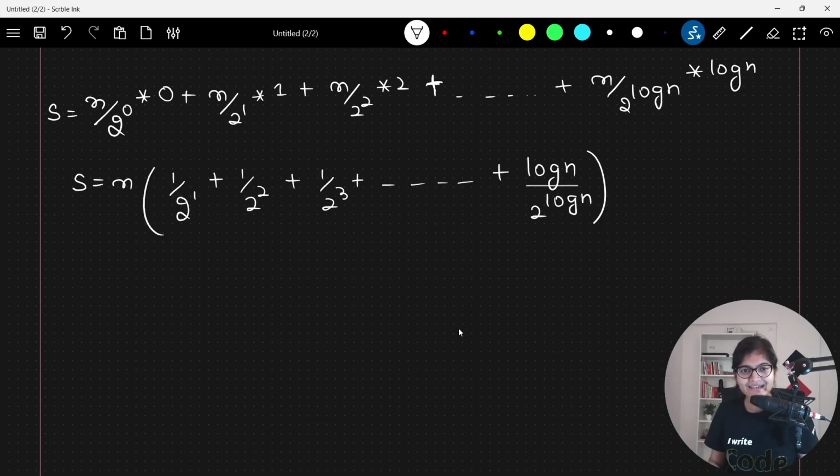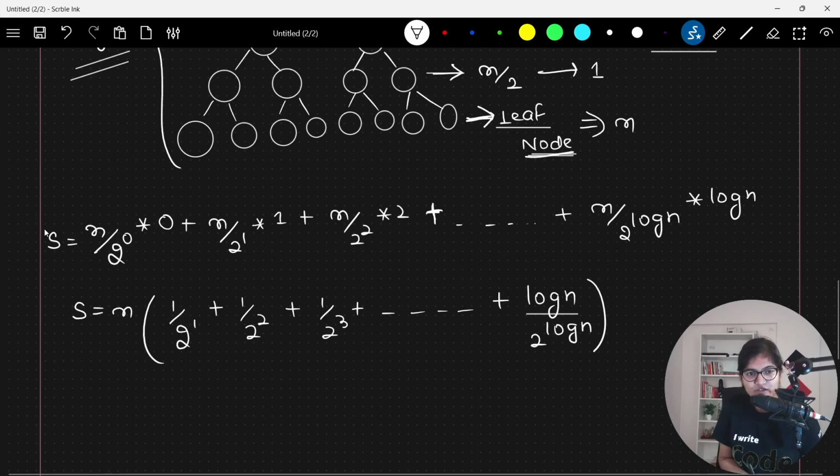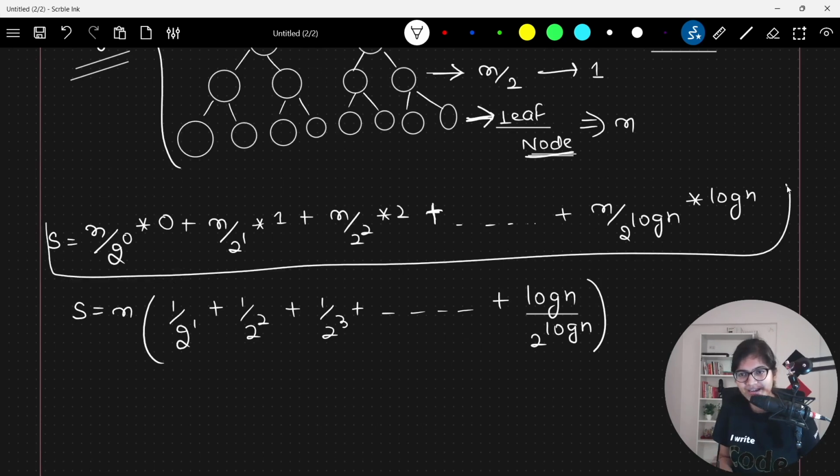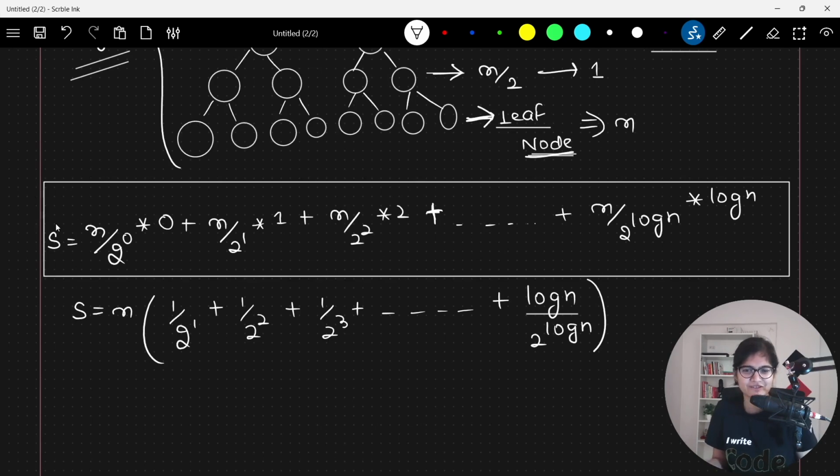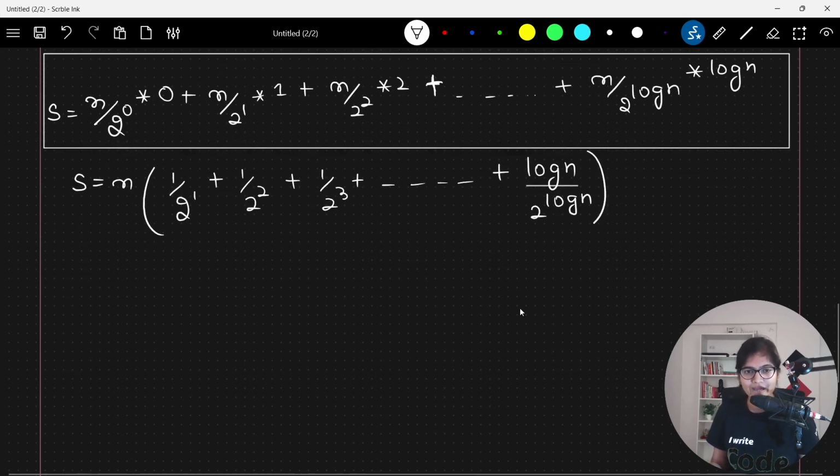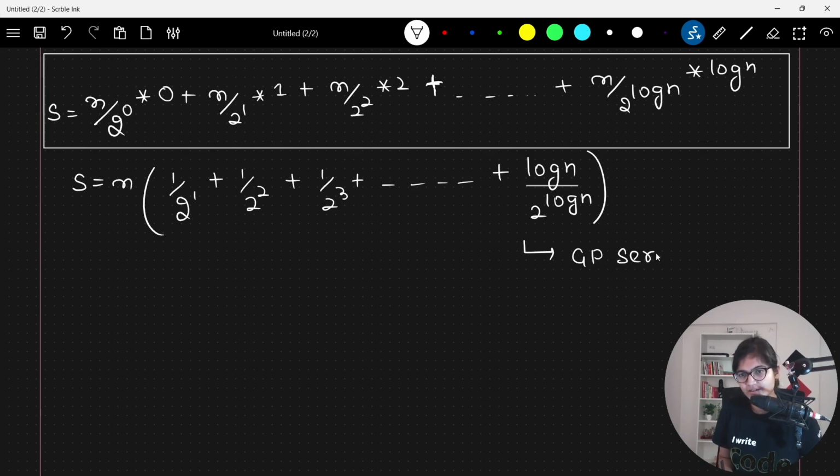If this part is clear to everyone, then taking n as common is pretty easy, right? Now I want to form some sort of a GP series here, and in order to form that, I can do a division by 2. So I am doing n by 2.